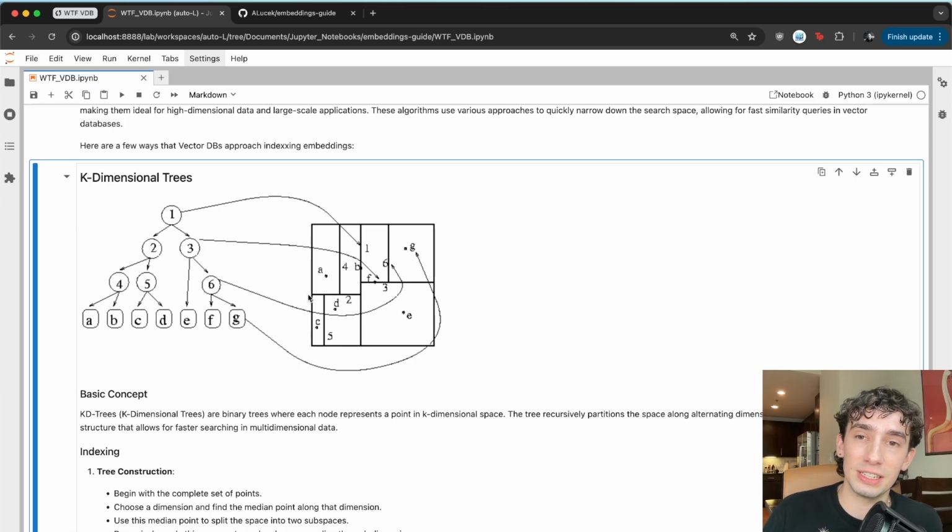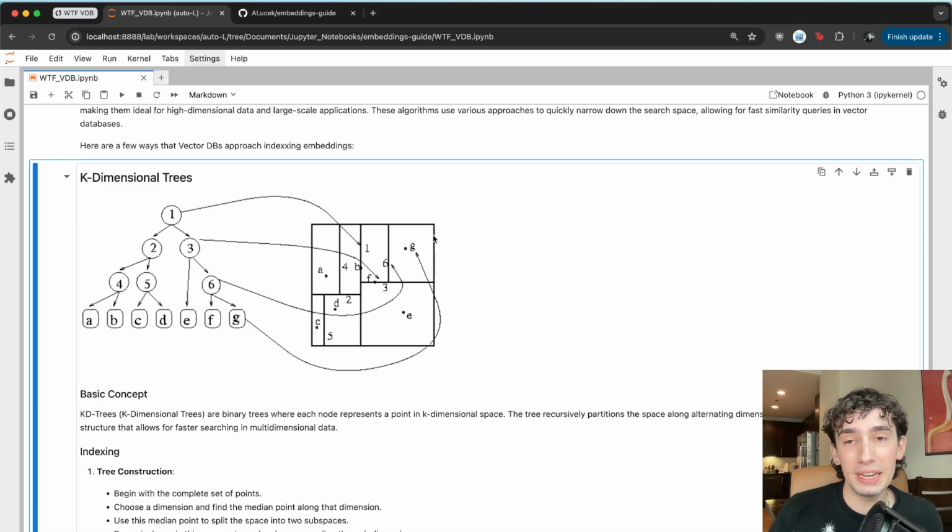So we can see the two horizontal lines here, represented by 2 and 3, cutting between these spaces that were first made by the first partition into 2 across the median between these points in the y dimension.